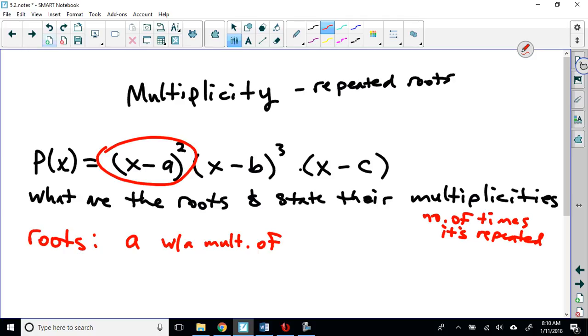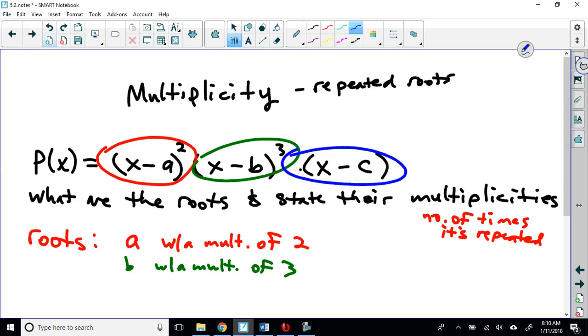Twice. So it's a multiplicity of 2. And this factor tells us another root is b with a multiplicity of 3. And this tells us another root is c.